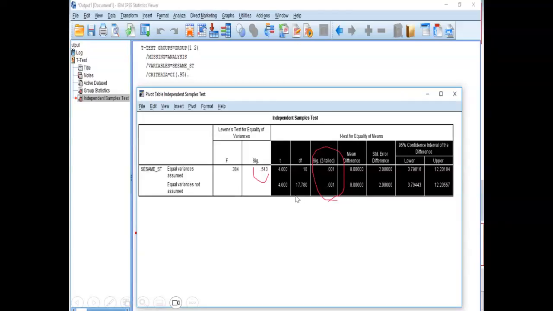We reject. But on the white part, Levene's test of equality 0.5 is greater than 0.05. We fail to reject, which is good. In other words, this tells us that we used the right statistical test.